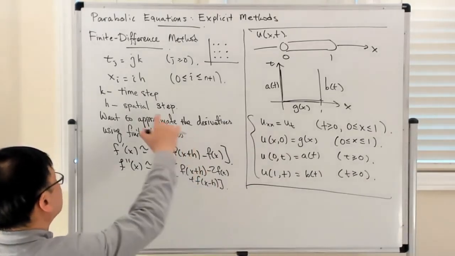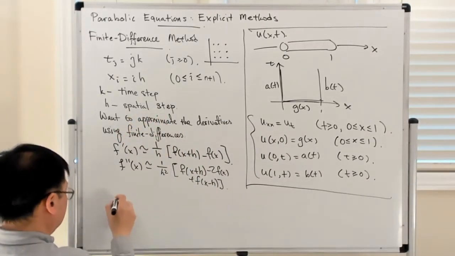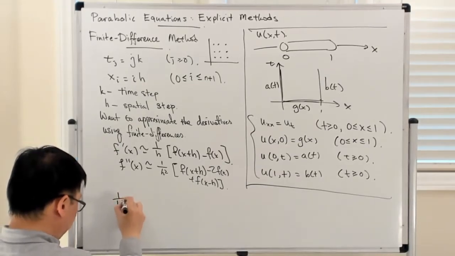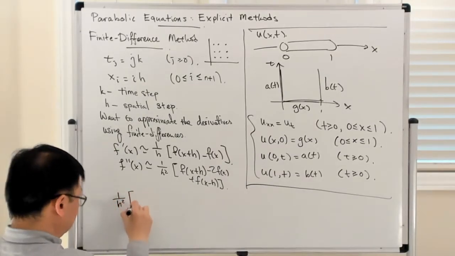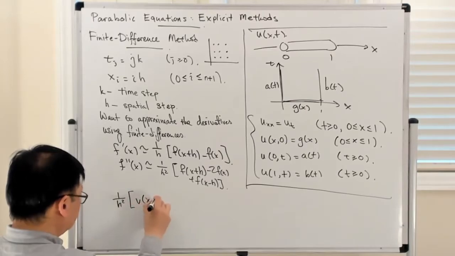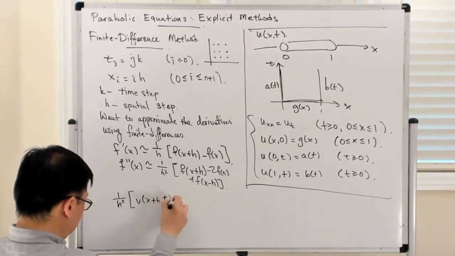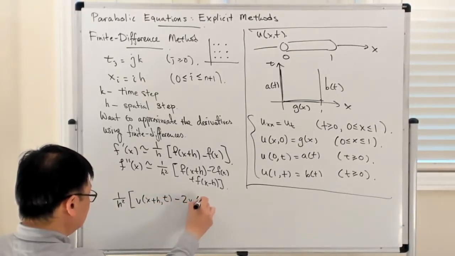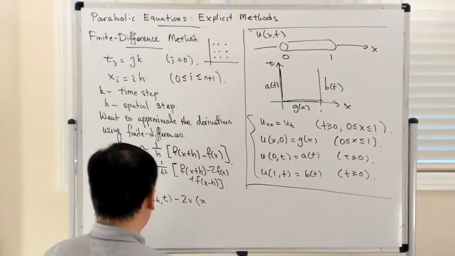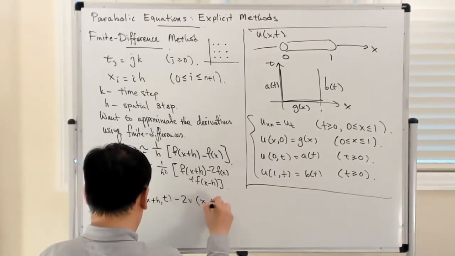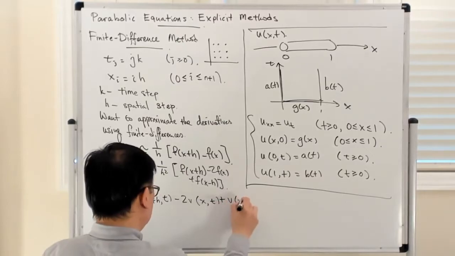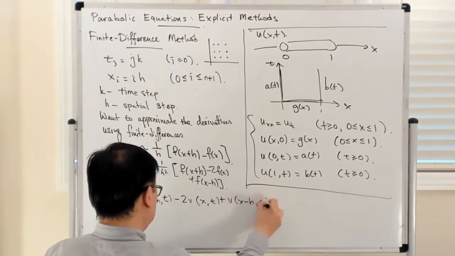So what this tells me then is that I differentiate the second derivative in space, right? So the spatial parameter is h. So you have 1 over h squared, let's call it v, v of x plus h comma t minus 2v of x comma t plus v of x minus h comma t.